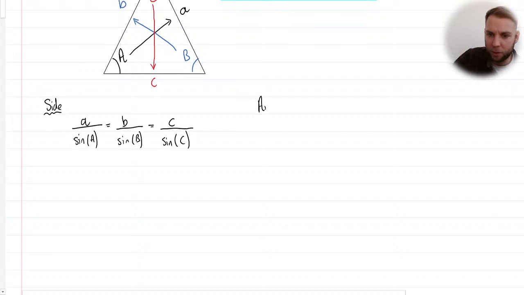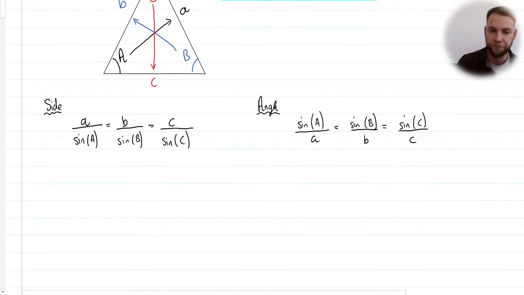But also, if you're doing an angle, then you'd use this, but it's easier to write it the other way around. So sine of A all over little a is equal to sine of B all over little b is equal to sine of C all over little c there, like so. Brilliant.